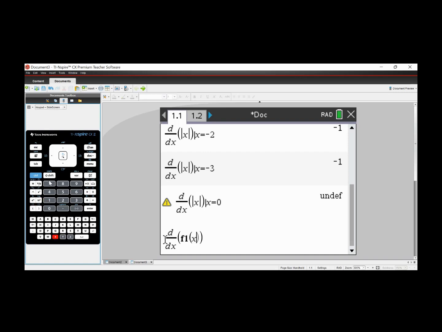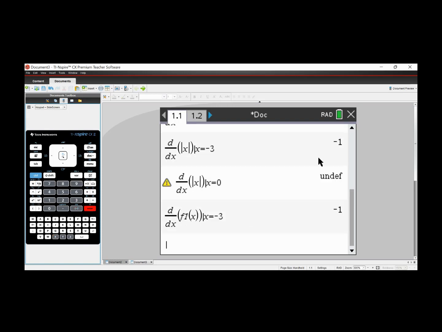So if you already have it in the function, there's no need to recopy. Let's do x equals -3 because I can still see that on my screen. There it goes. It gives us the same -1. So that's another way you can do it.